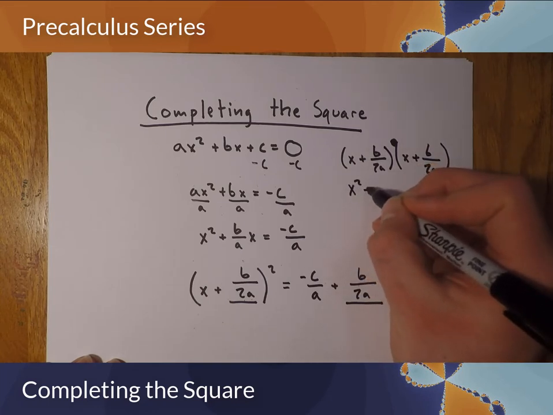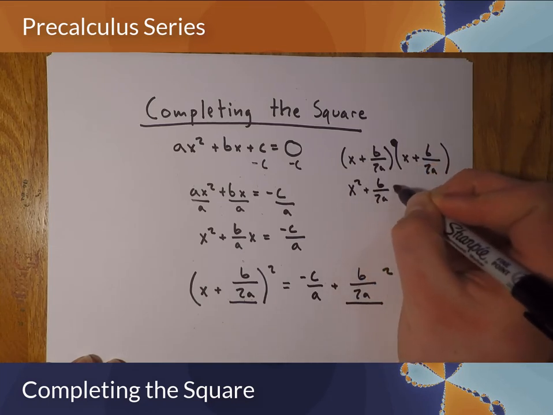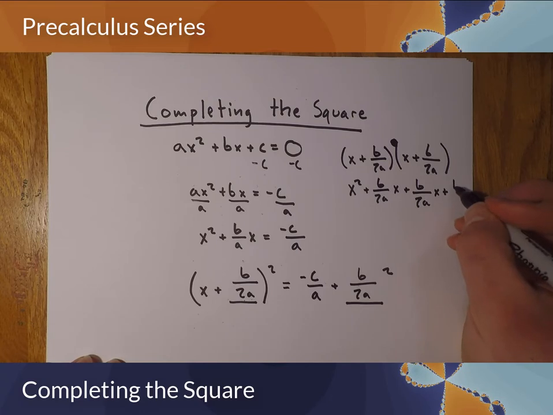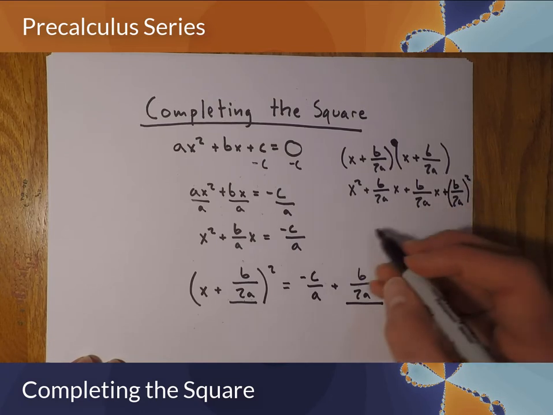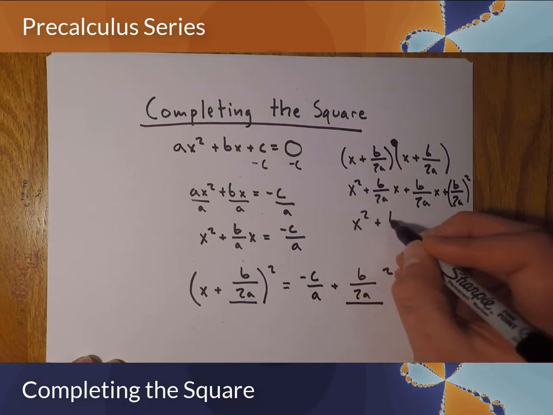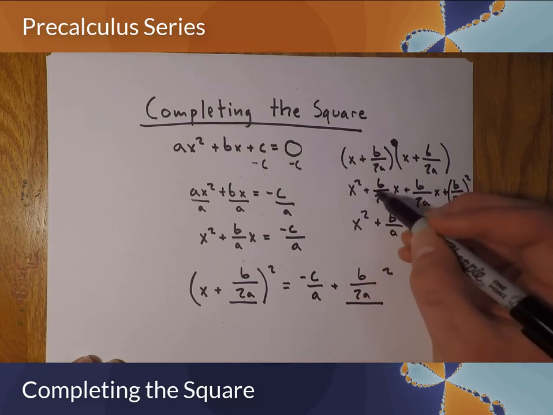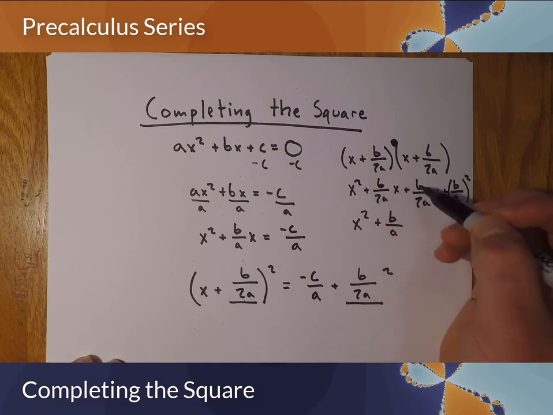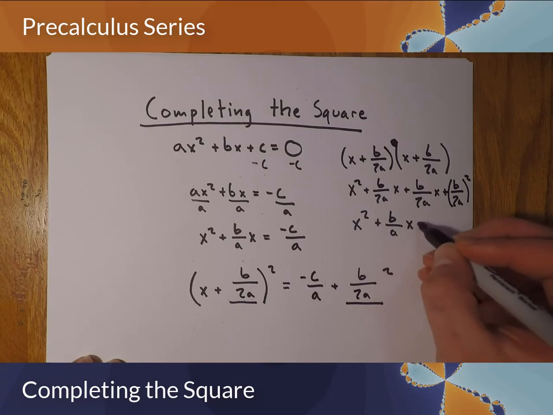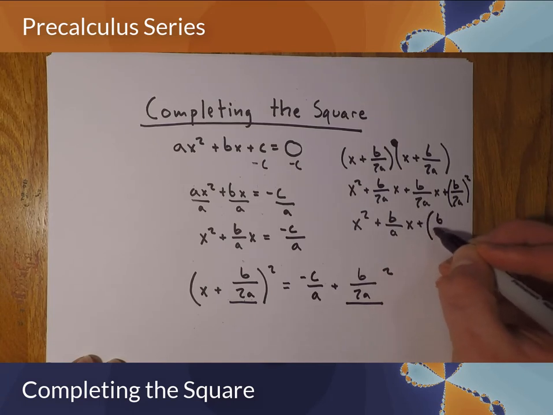So you get x squared plus b over 2a x plus b over 2a x plus b over 2a squared. What you can see is we get x squared plus b over a x, because one half b over a plus one half b over a equals b over a, plus b over 2a squared.